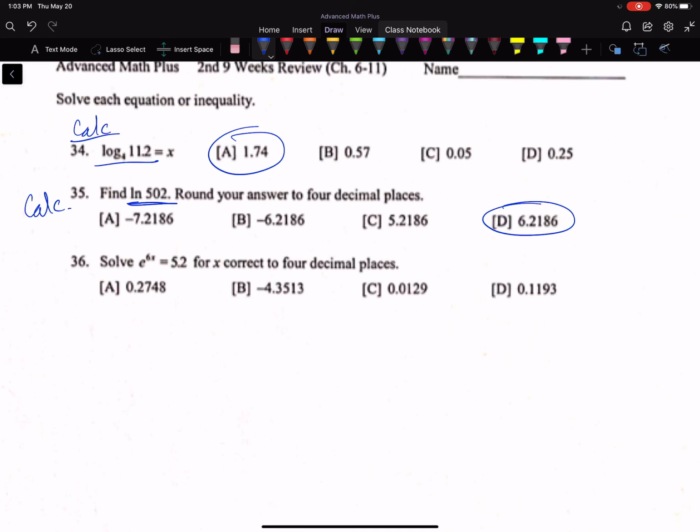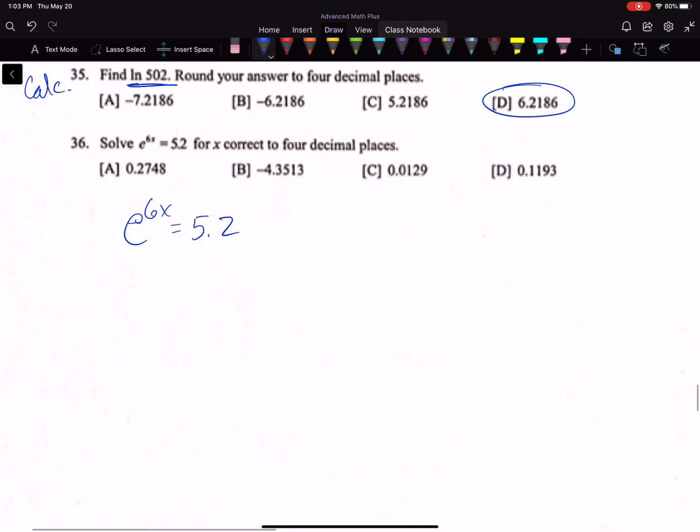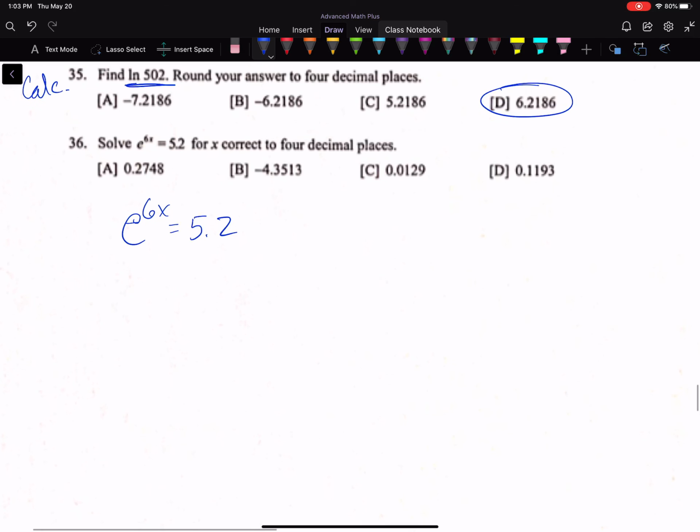And 36, last one, we got to do a little figuring in here. How do we get rid of E? We take the what of both sides? Square root. Not, wait, we just did it in 35. What did we take? What kind of log? The natural log. Oh. Okay? Take the natural log of both sides. And when you take the natural log of something with an e, they just cancel.